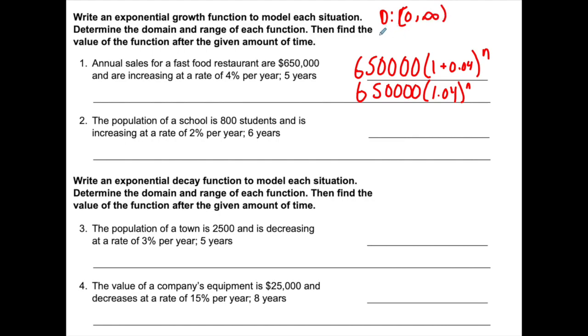So from a practical point, you have a domain of 0 to infinity, and the range, well, we start at 650,000, and really the sky's the limit to infinity. After 5 years, we plug in 5 for n. So in my calculator, I'm going to do 650,000 times 1.04 to the power of 5.